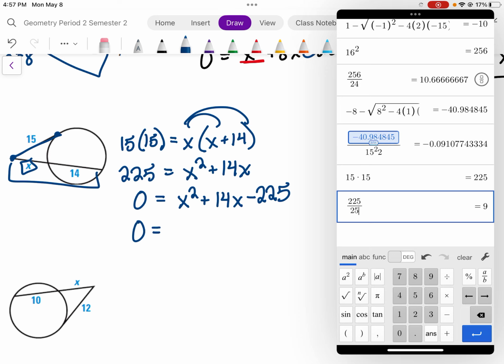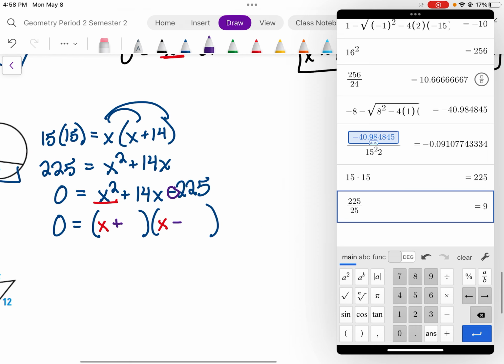Perfect. So if we look, because this one starts with an x squared, that means each of the first parts in the parentheses is going to be an x. Because it multiplies to be a negative, that means we're adding one and then subtracting the other value. So two numbers that can multiply to be 225 are 25 and 9.